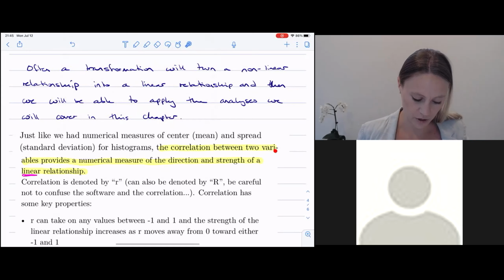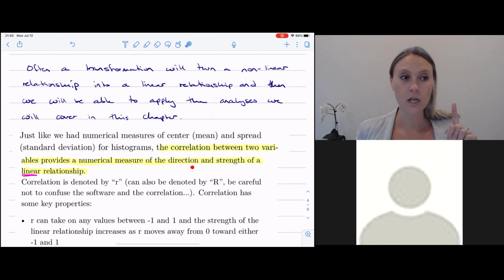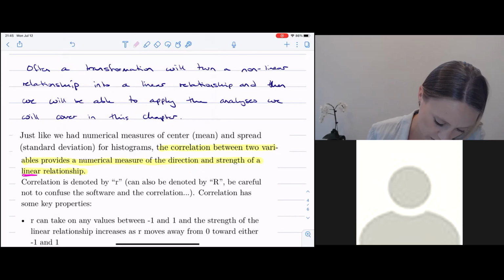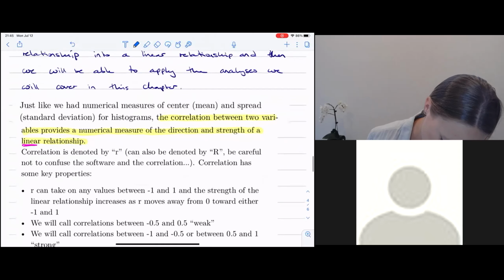The correlation between two variables provides a numerical measure of the direction, so either positive or negative, and the strength, whether it's strong or weak.